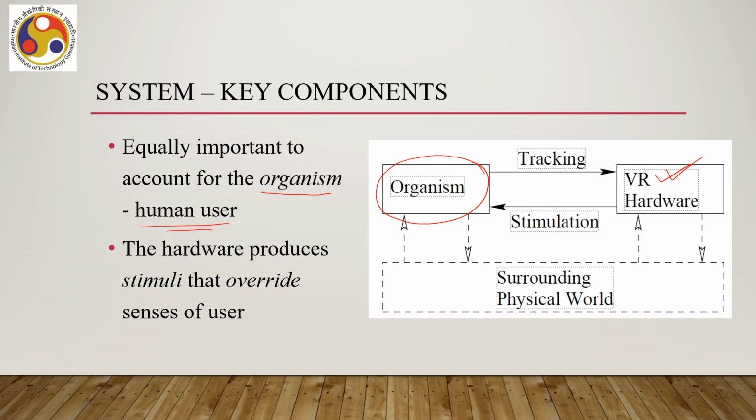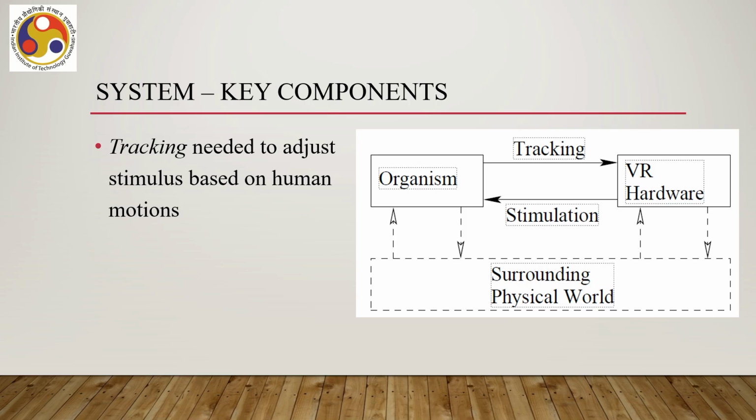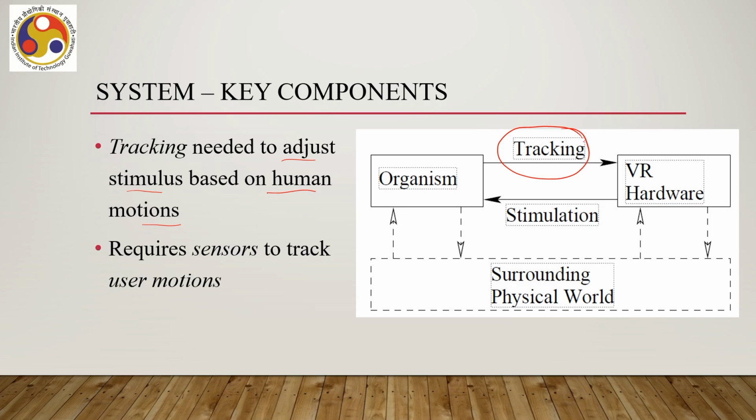Now, let us try to understand the data flow between these components, organism and hardware. The hardware produces stimuli that override senses of the user. Essentially that is referred to in this schematic diagram as stimulation data flow. The tracking data flow indicates that tracking is needed to adjust stimulus based on human motions. And in order to perform tracking, we require sensors that track user motions.